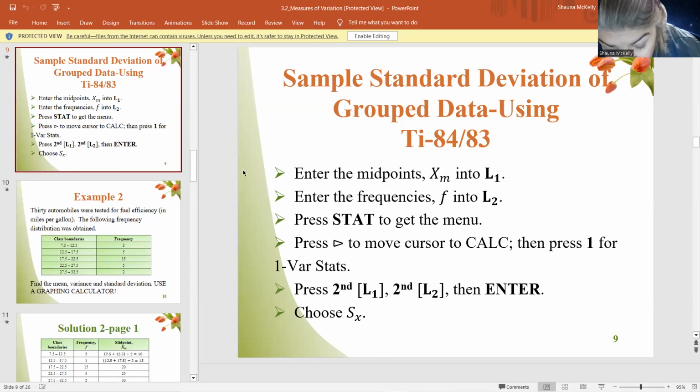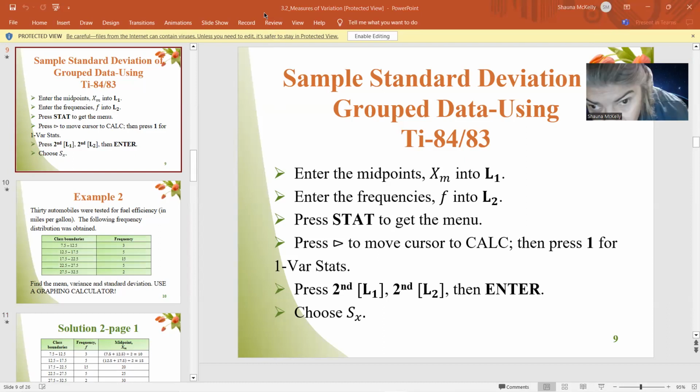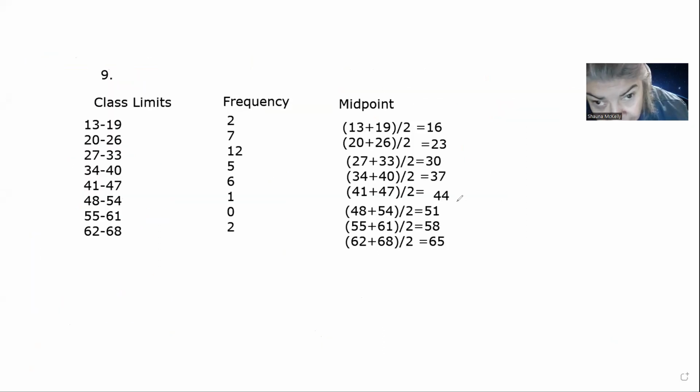So midpoints in L1, frequency in L2. So here I have, we're going to take the midpoints. These are going to go in list 1 on your calculator. This is list 1. And the frequency is going to be in L2. Okay. So it looks reversed from what you see on the screen.